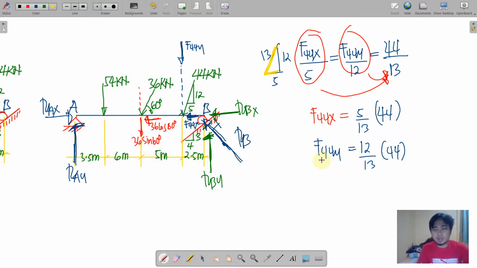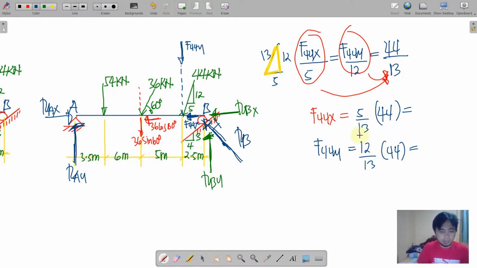So similarly for the 44y, just refer to the vertical one. That is obviously 12 divided by the diagonal multiplied by the mother force, that is 44. So we have obtained the components here, F44x and F44y.